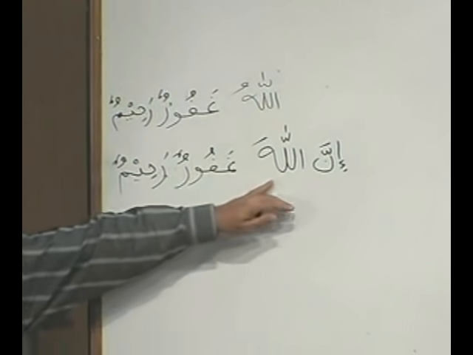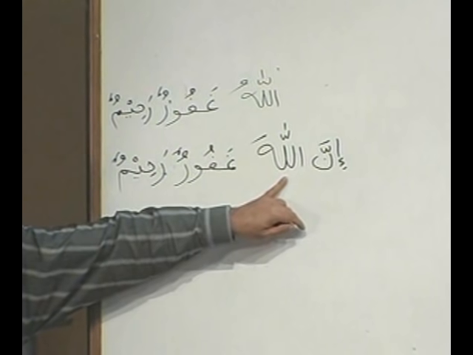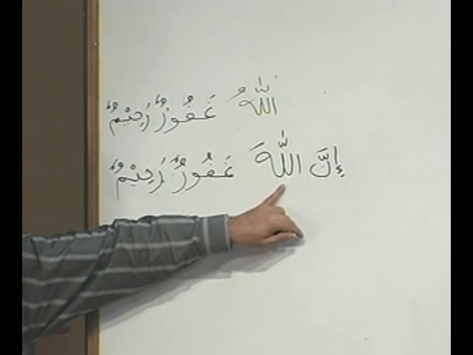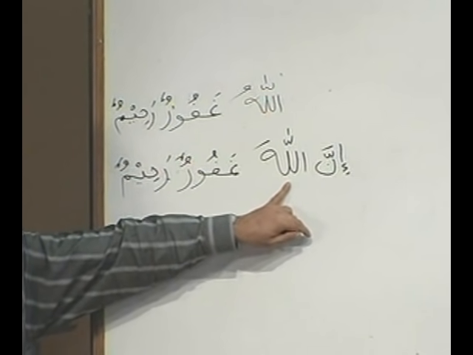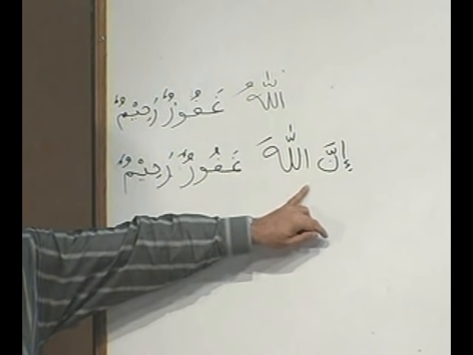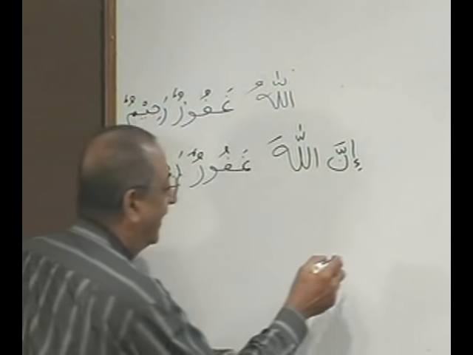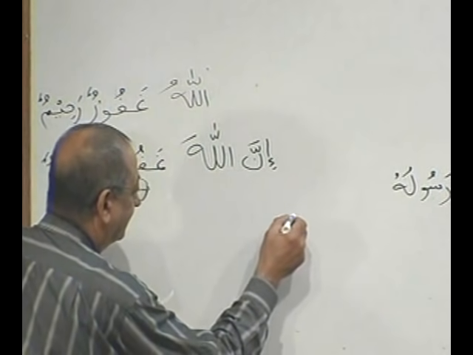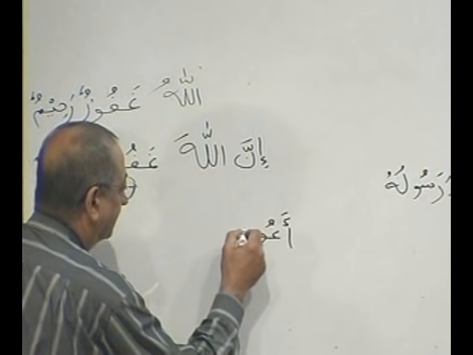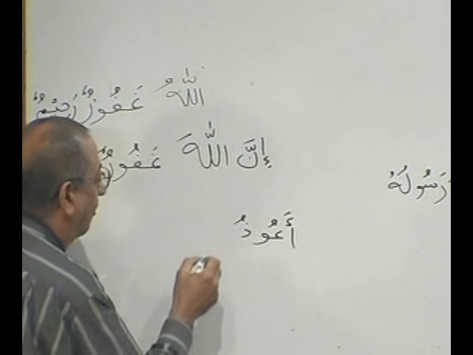Now what is at the end of Allah? Fatah. Huh? Why is it single? Because it is definite. Right? Now we say A'udhu.